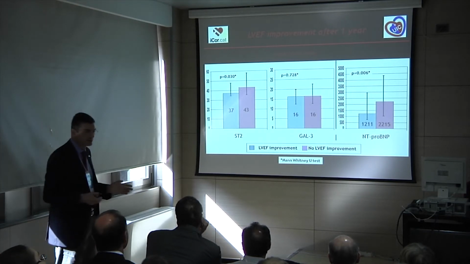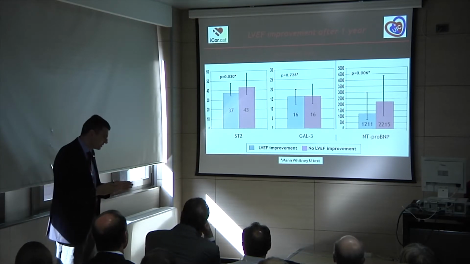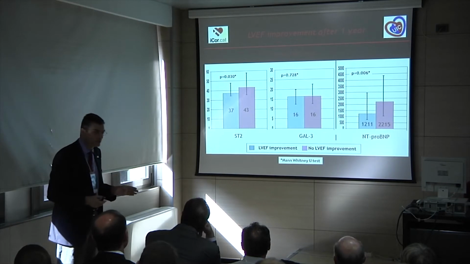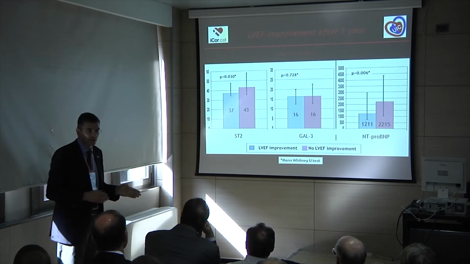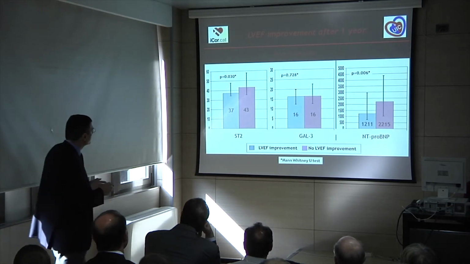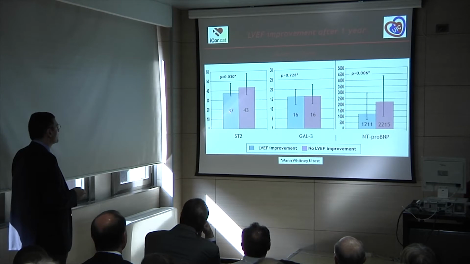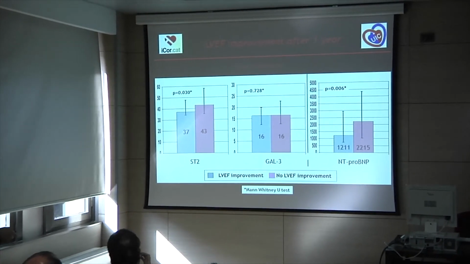Why 15 points? That was at random. We decided that 15 points was sufficient for a patient to go from being at risk to becoming stable. For instance, a patient with an ejection fraction of 25 is at risk, at 40 is stable. What do we see here? Median values for ST2 in those who improved were 37, significantly lower than those who did not improve, 43.